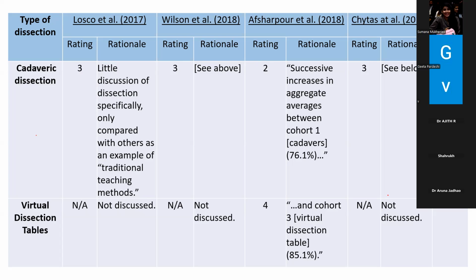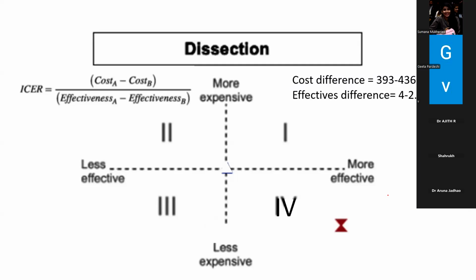So they have now information about the cost, they have information about the effectiveness, and then they can go in and calculate the ICER, and they can plot. So this hourglass, which is the brown colored hourglass, is the point where they are comparing the virtual dissection with the cadaveric dissection. So can you interpret? This is the ICER plane. And I know we are going away from our topic a bit, but I have showed you the cost difference as well as the effectiveness difference.